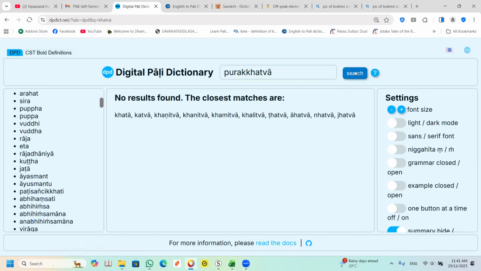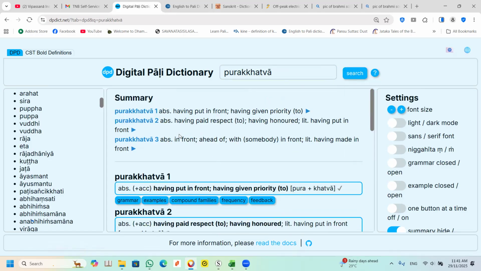All right. Now come back to here. You see, in front, this verse, the first part is in front. So this katwa, if you look at it, having put, having given, having paid, having made, having honored, and then you ask yourself, is the root?